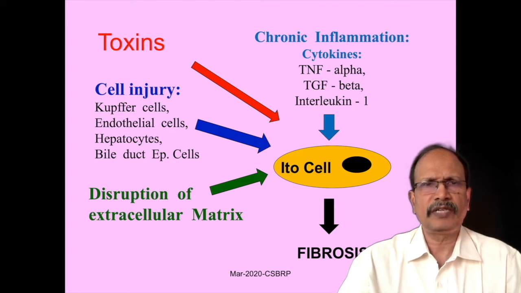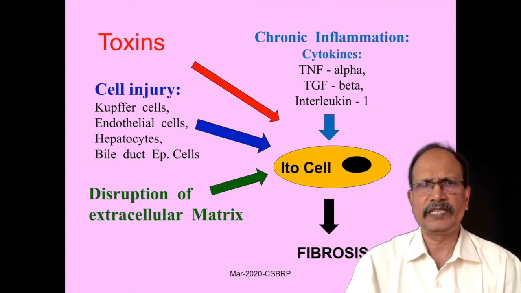In addition to that, any cell injury, any cell that gets damaged, either the Kupffer cell, or the endothelial cell, or the hepatocyte, or a bile duct epithelial cell. Whenever there is injury to these cells, the liberated contents may irritate the Ito cell. And anything that causes disruption of the extracellular matrix may also produce irritation to the Ito cell.